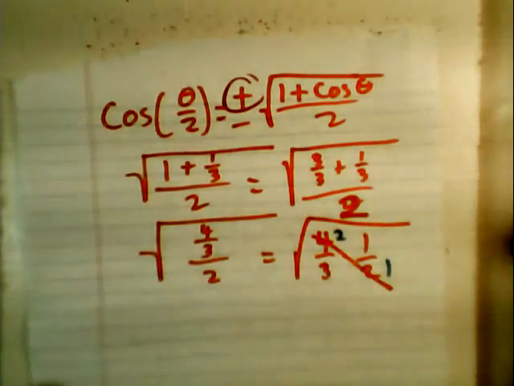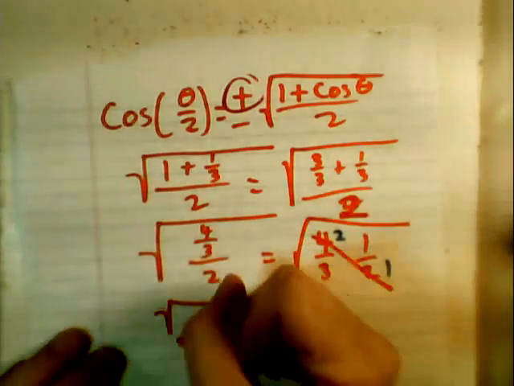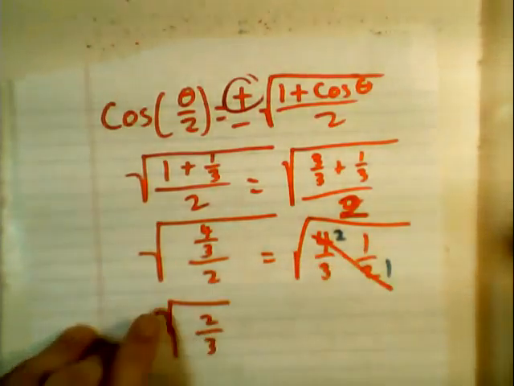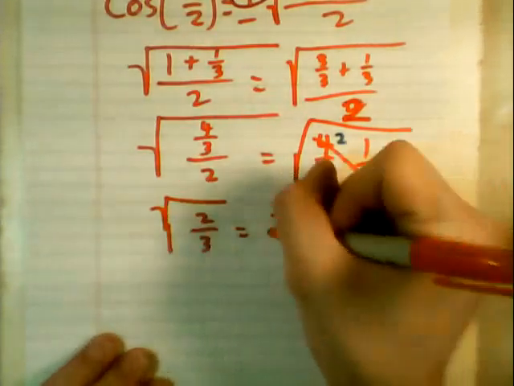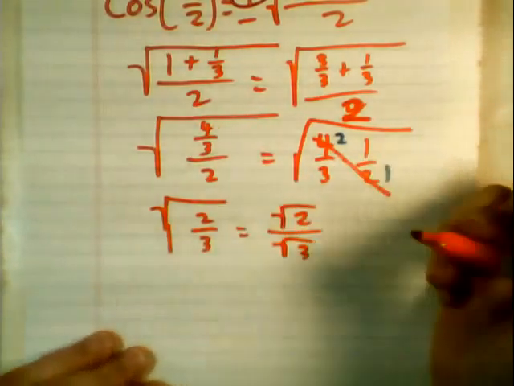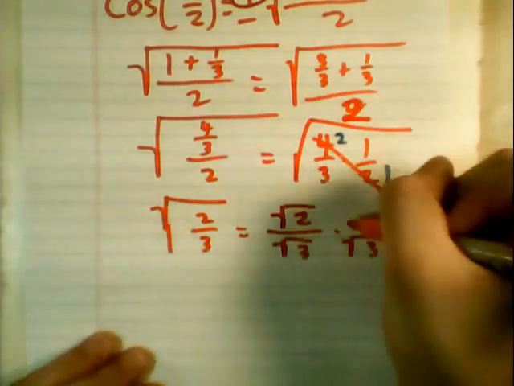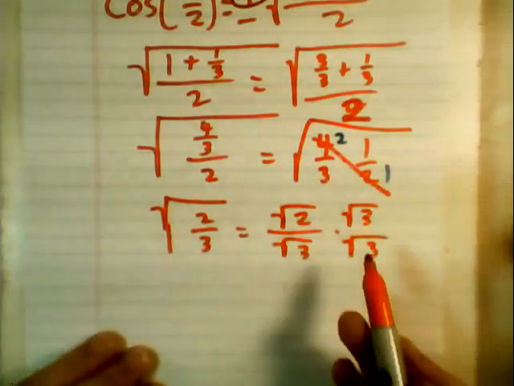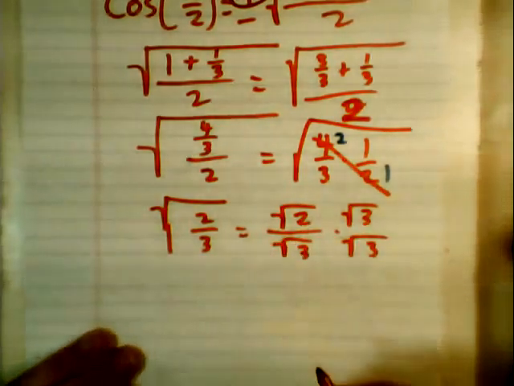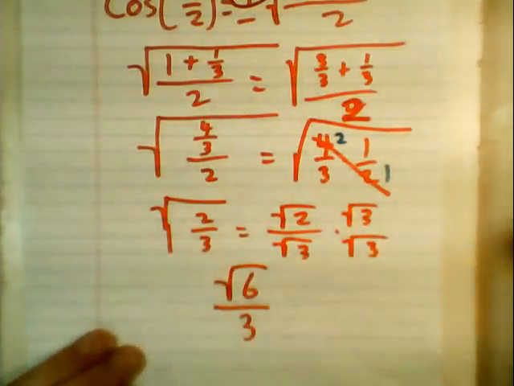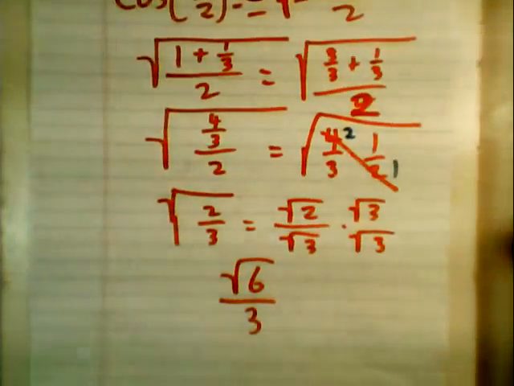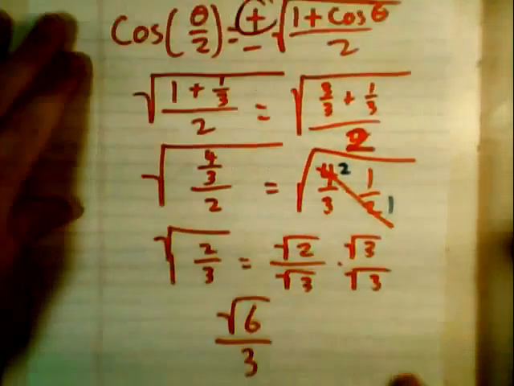So we have the square root 2 over 3. Apply the square root to both the top and the bottom. Square root 2 over the square root 3. Let's rationalize. So you can multiply these together, and you get the square root of 6 over 3. And that is how you do the half angle for cosine.